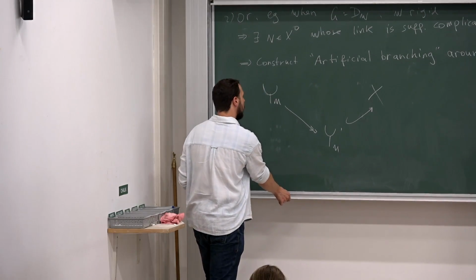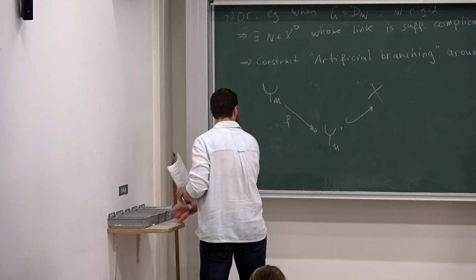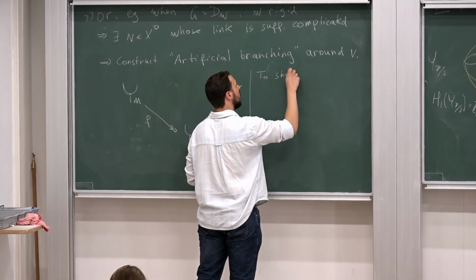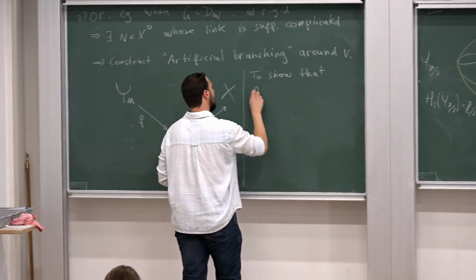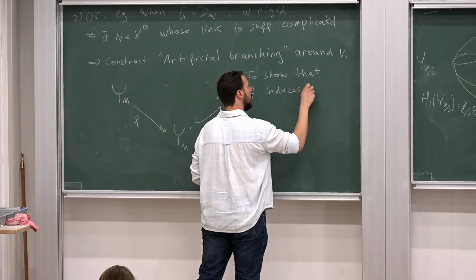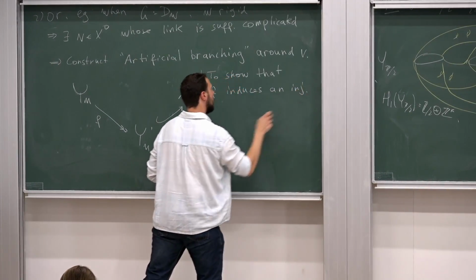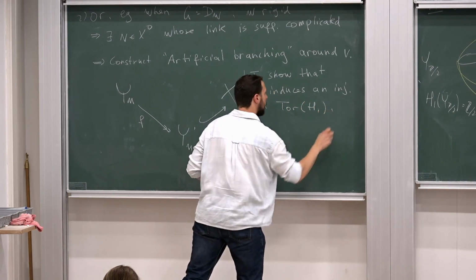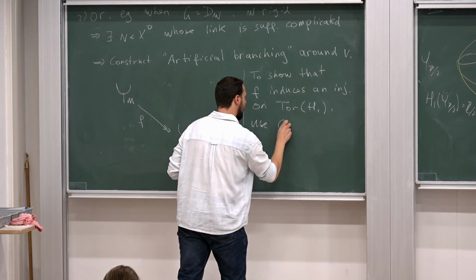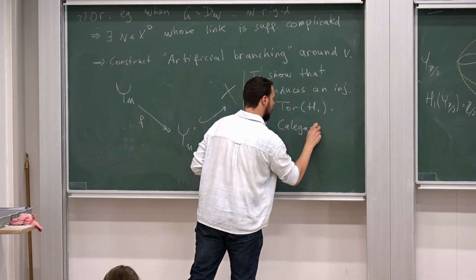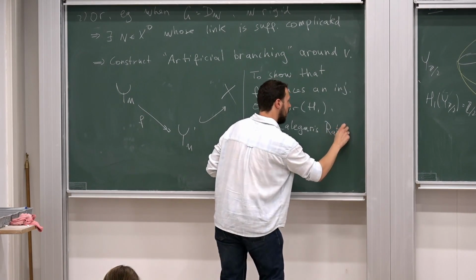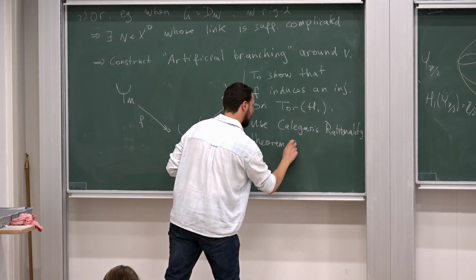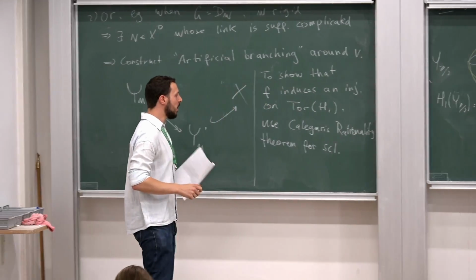And in order to show that this map is injective, at least on the torsion part of homology, we use Calegari's rationality theorem for stable commutator length.